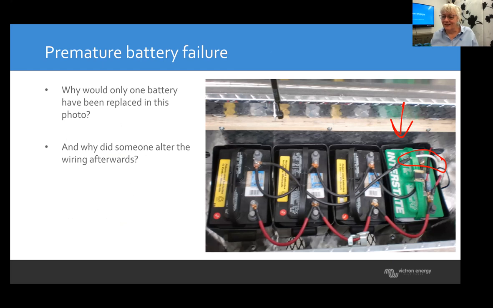So they realized that there was something wrong. The person that fixed this battery bank had to replace one of the batteries, and then at least they fixed the wiring after that. Theoretically, this is not a good idea, but this is probably doable in this case for a non-commercial system. This is maybe acceptable. But yeah, this is a real life problem. It happens.